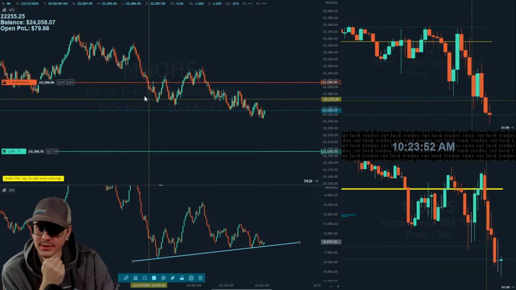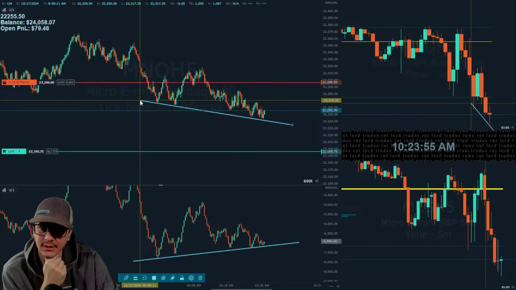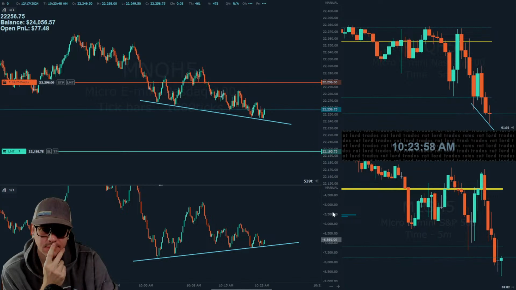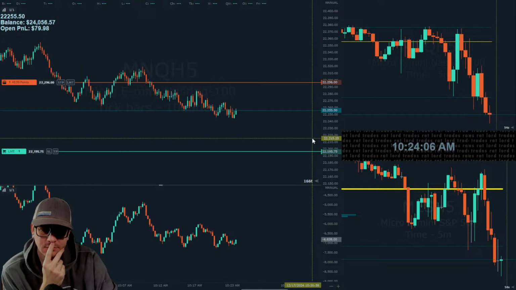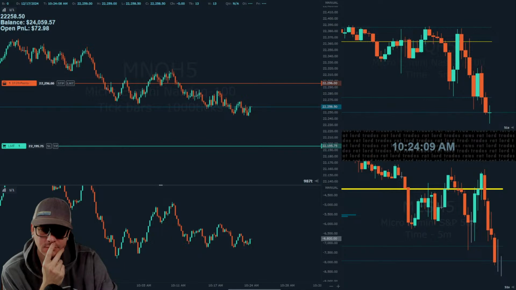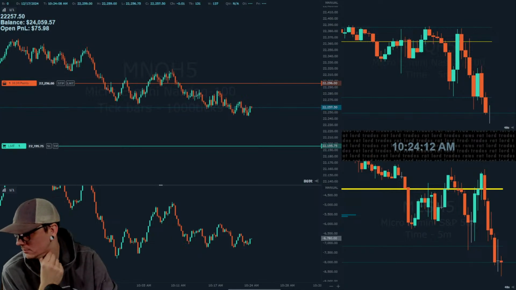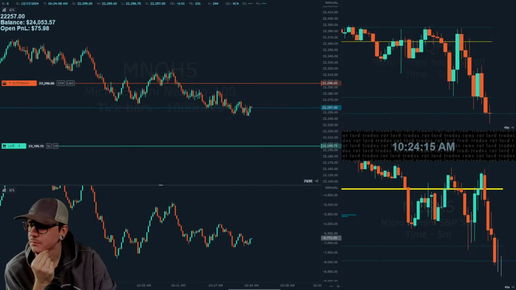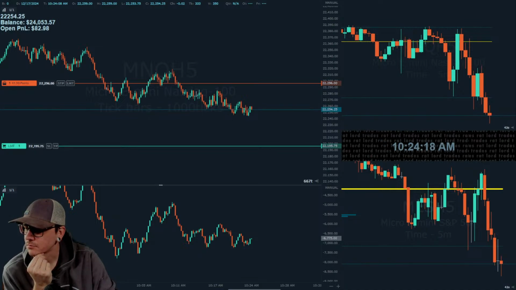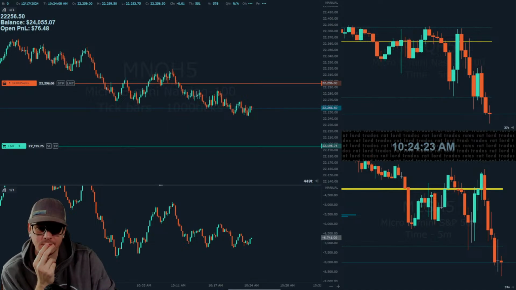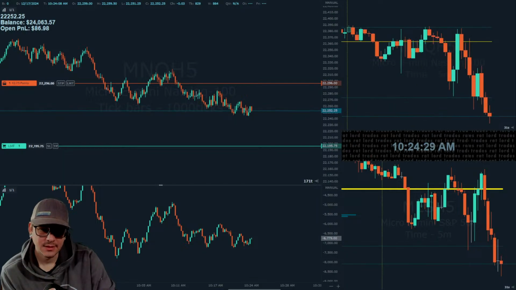Look at Delta, and the price is just continuously going lower. That's a good sign. I think it's a good thing that we're not getting a huge reaction off of 250.